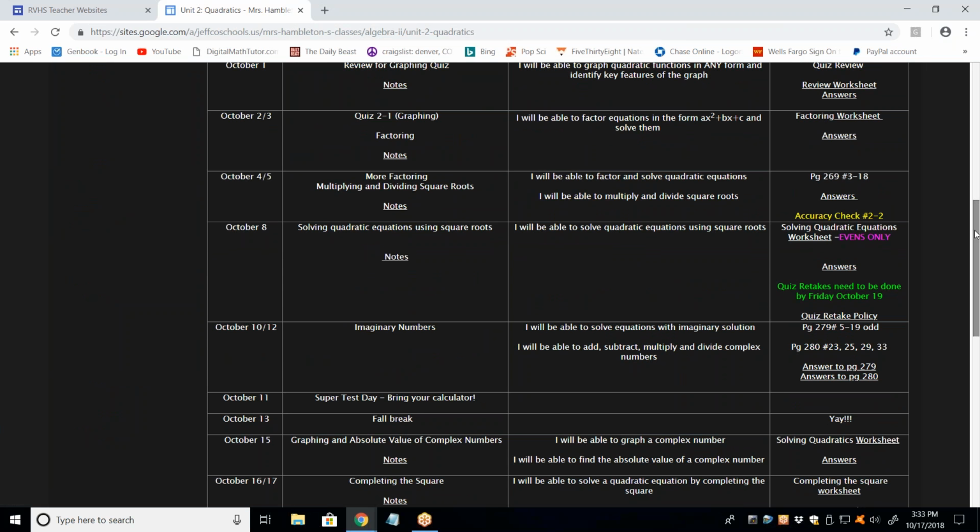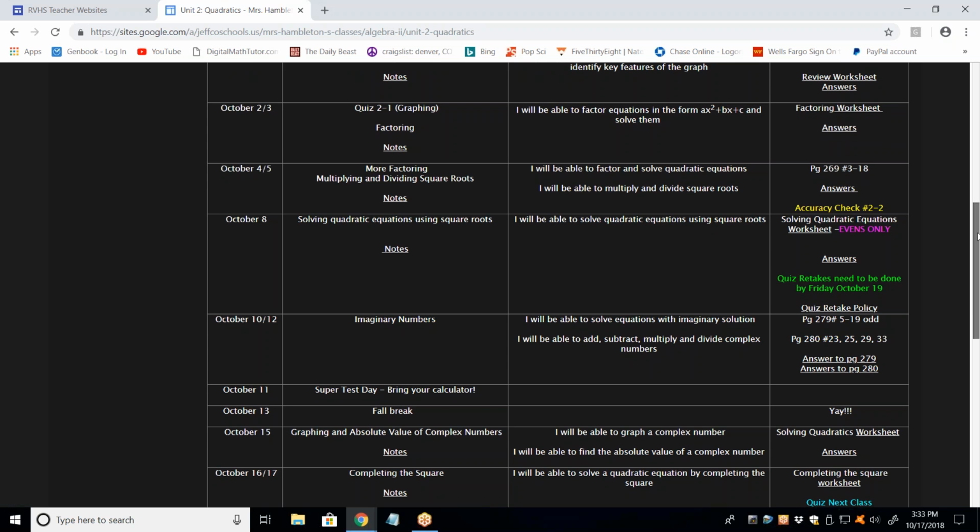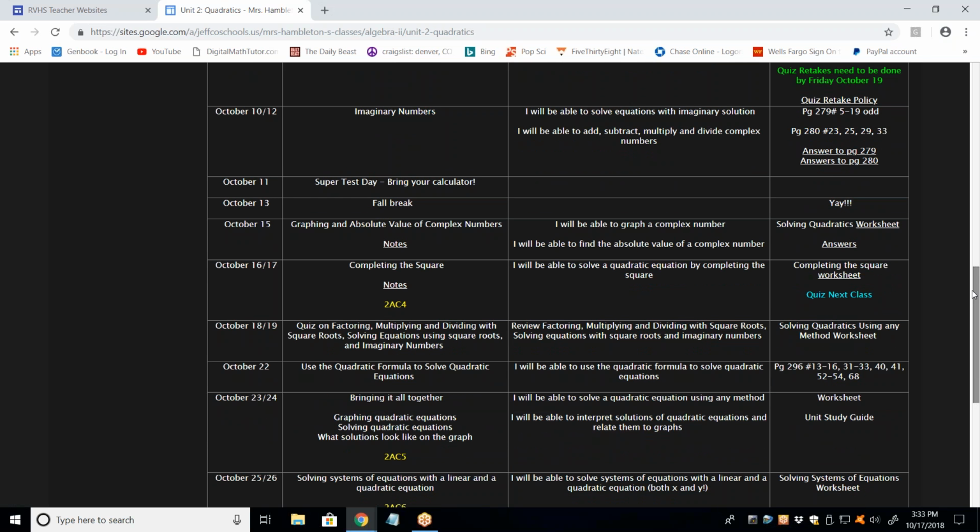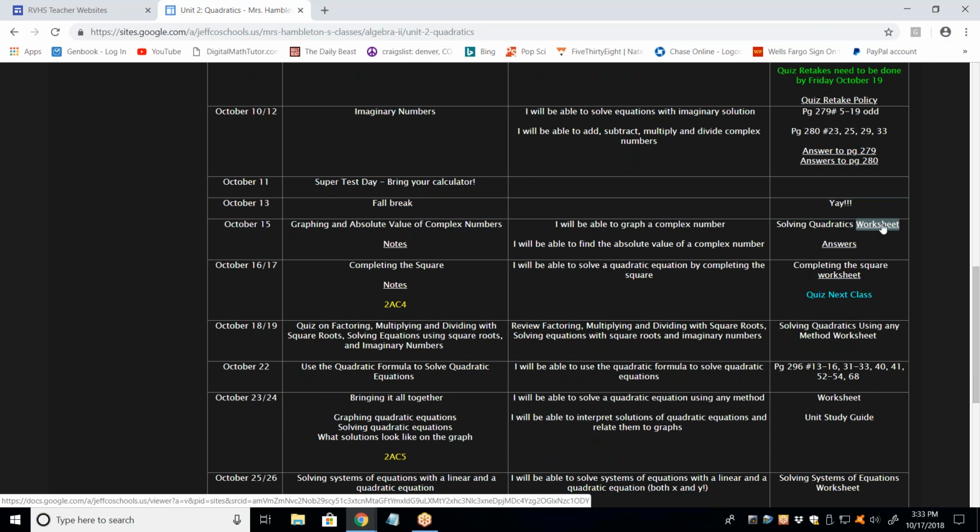I accidentally lost it, okay, I got it back. Okay, go to solving quadratic, the October 15th one. So three ones below the purple one. And the completing the square worksheet, I think. Yeah, completing the square worksheet. The one below that. Okay.